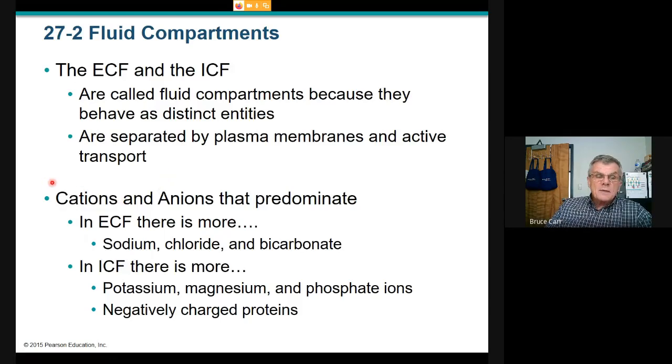Now, what does that mean in terms of our electrolytes? We find a very distinct difference between extracellular fluid and intracellular fluid that reflects the difference between being outside the cell, where it's basically a non-living bath, and within the cell. The fluid bath that surrounds the cell is the extracellular fluid.